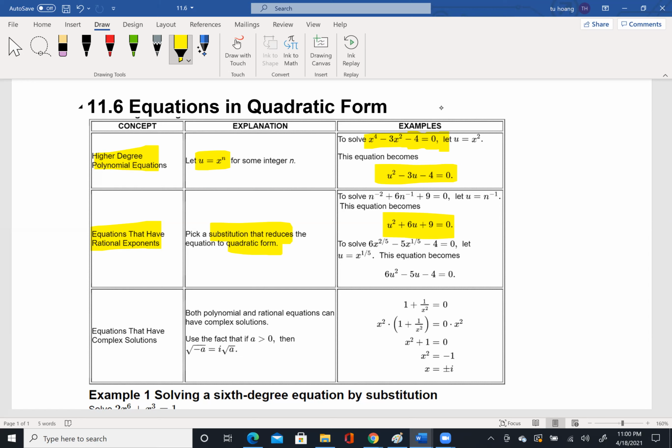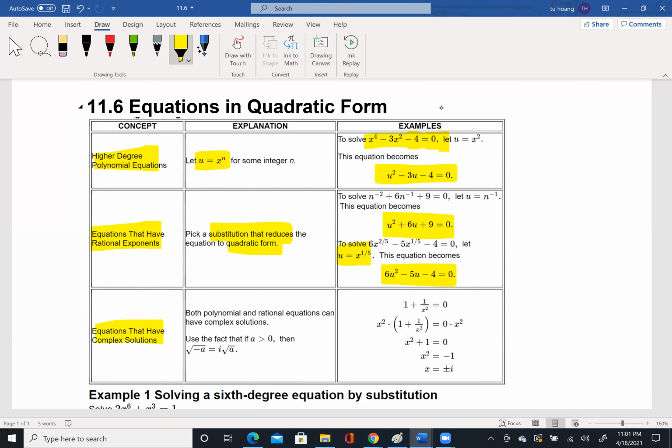Also, if we have 6x to the power 2/5 minus 5x to the power 1/5 minus 4 equals 0, you just let u equal x to the power 1/5, and the equation becomes 6u squared minus 5u minus 4 equals 0. So now it's in quadratic form.